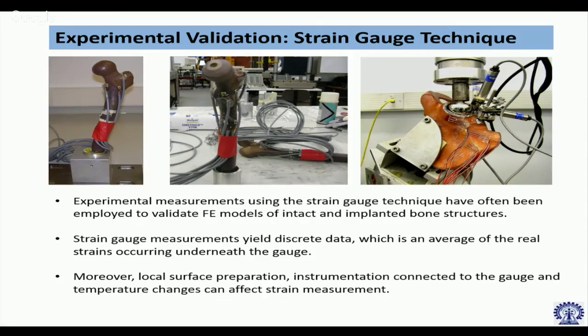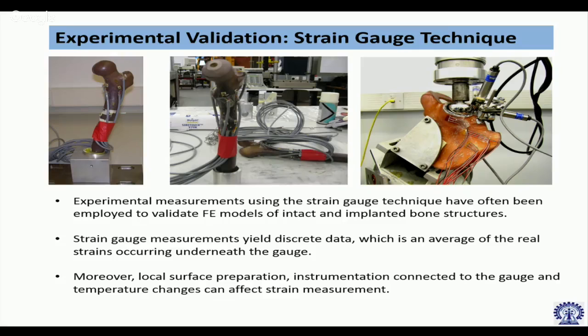Experimental measurements using the strain gauge technique have often been employed to validate FE models of intact and implanted bone structure. If you see the literature, you will often see that there have been a lot of investigations.